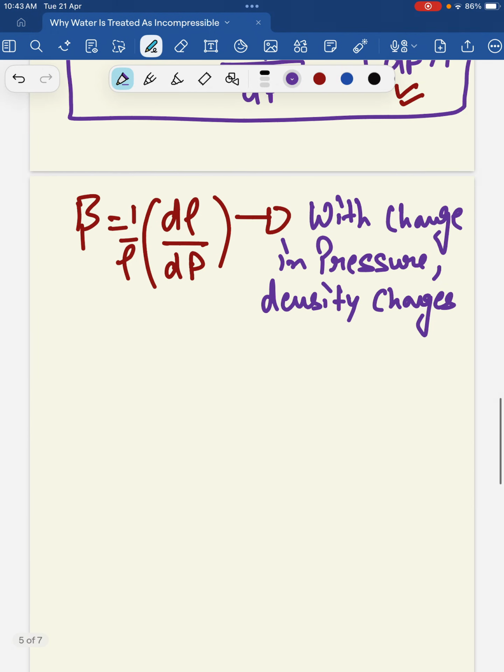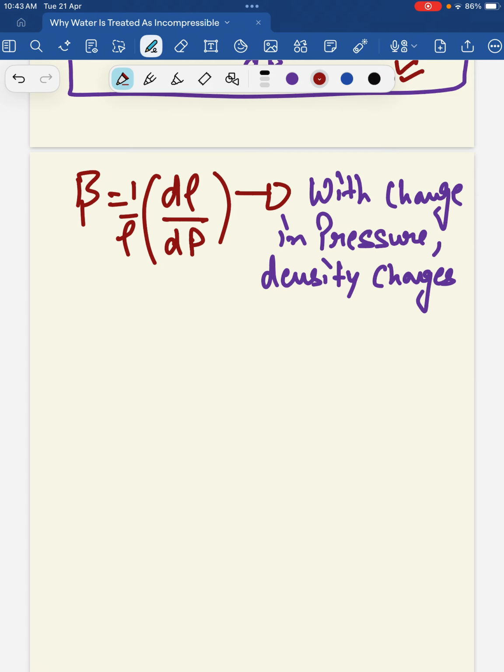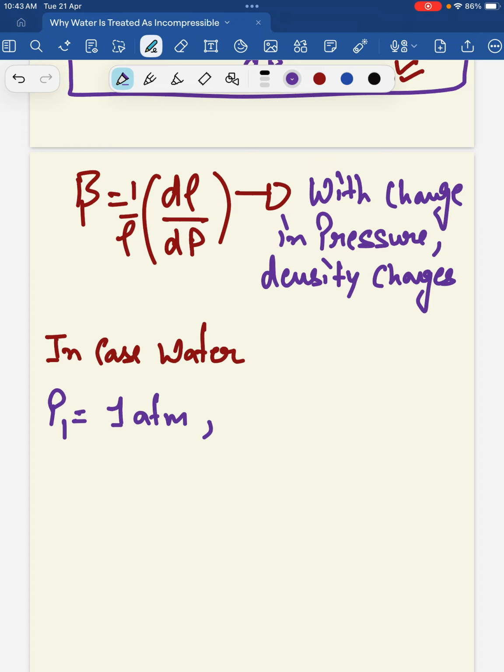Okay, now let us see the case of water. We will perform one experiment, that is in case of water. See, we will keep pressure P1 at 1 atmospheric, and it has been found experimentally that your ρ1, the density at 1 atmospheric pressure, is 998 kg per meter cube. Although for the purpose of solving numericals we take 1000 kg per meter cube.